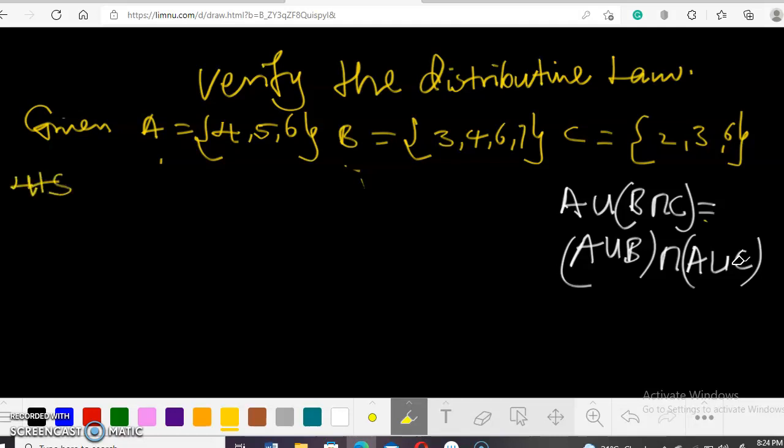This is our left-hand side: A union B intersection C.